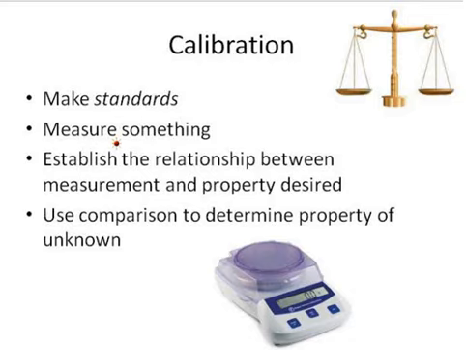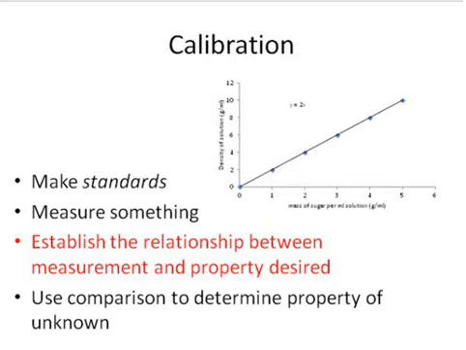One of them is a measurement, one is a known, and then we will establish the relationship between the measurement and the property desired, and finally we'll use a comparison to determine the property of the unknown. In this case, the mass of sugar in the known volume of Coke, and then by extrapolation in the can of Coke. So this middle part: establish the relationship between the measurement and property desired.